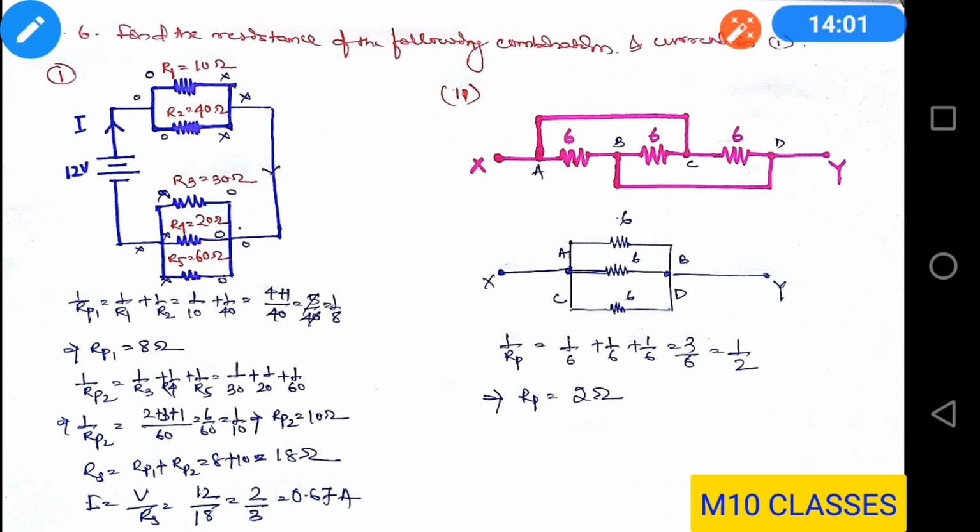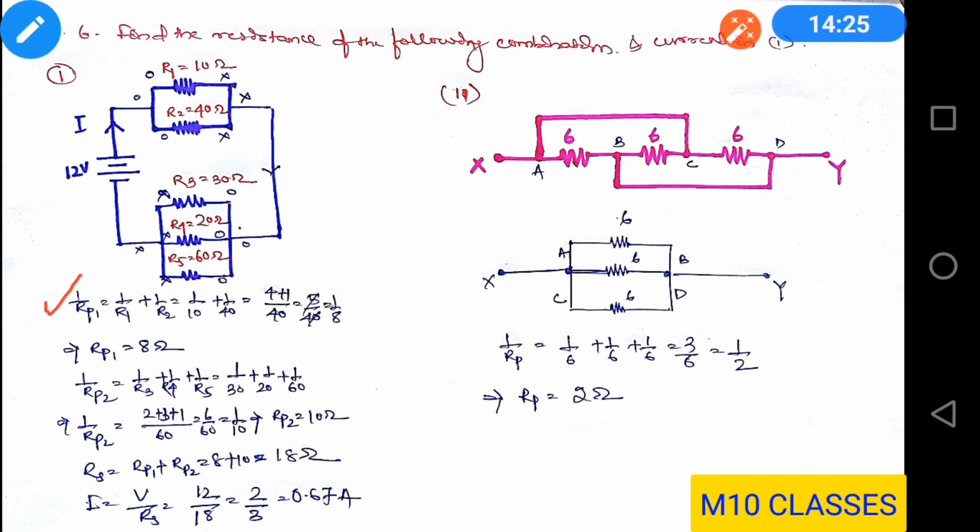Now here there are 2 questions again related to the combination of resistors. One is from the example in your book, and another is a question that I have given over here. Now in the first question, as you can see, R1 and R2 are in parallel. So I will first get the equivalent resistance in parallel: 1 by Rp1 equals 1 by R1 plus 1 by R2.